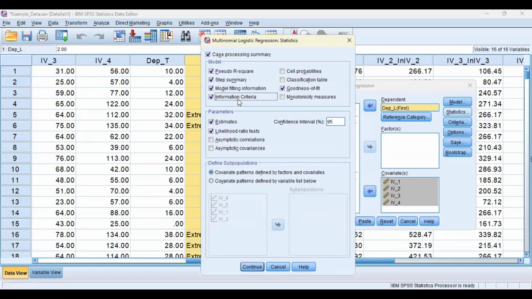and also see if there's anything else that I want to do now. Just about the classification table, I can actually tick that here, but I don't recommend that.